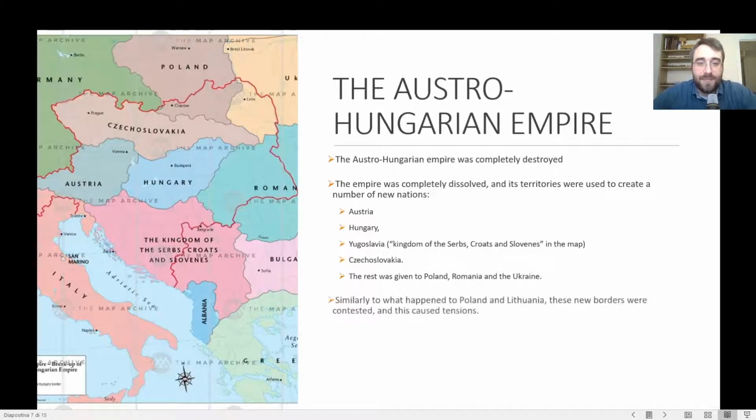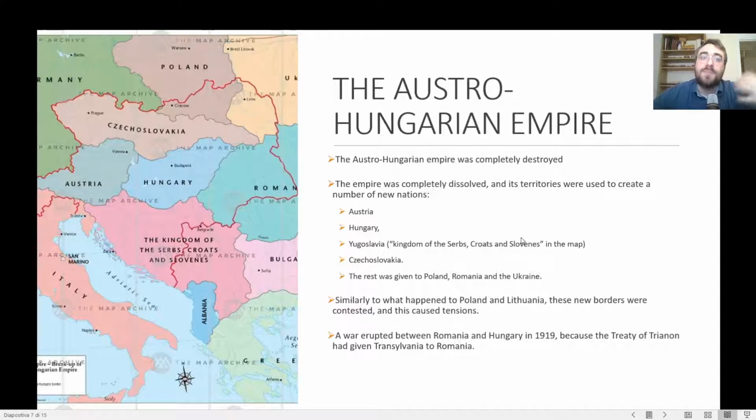Similarly to what happened to Poland and Lithuania, these new borders were contested. People did not agree about those borders, and this caused tensions. A war, again, erupted between Romania and Hungary in 1919. Why? Because the Peace of Paris, the Treaty of Trianon, had given Transylvania, best known for being the region of Count Dracula, but also for being full of people who speak Hungarian and feel Hungarian.